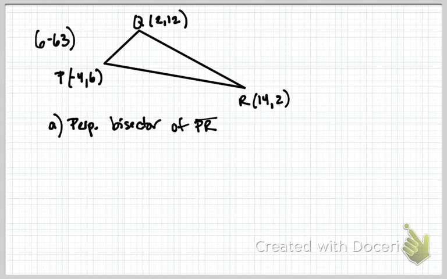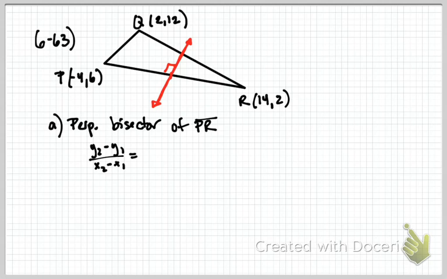This is kind of back to chapter 1. Bisect means to cut in half, so we're going to look at the midpoint here. We're also going to find the line perpendicular to it, which is going to come right here. To do this, we need to figure out our slope. So let's do y2 minus y1 over x2 minus x1.